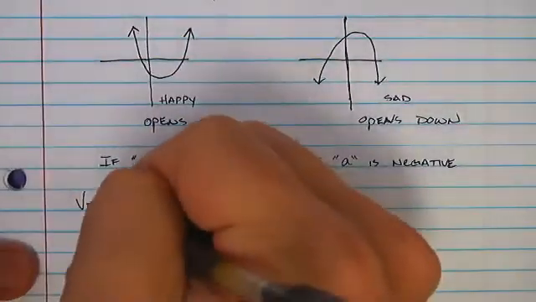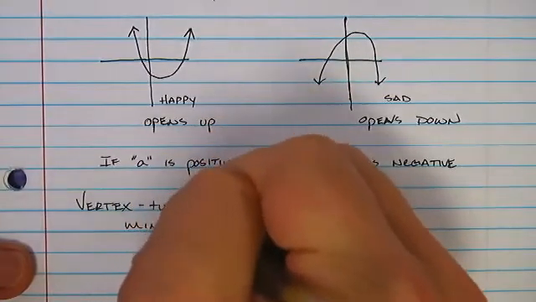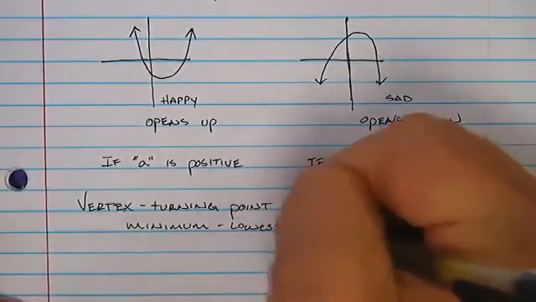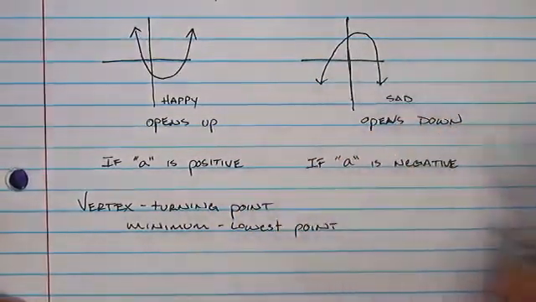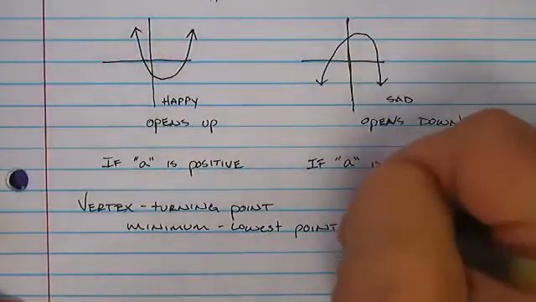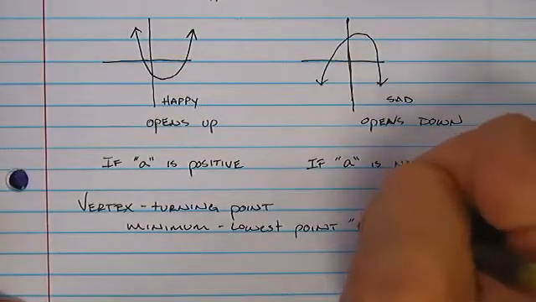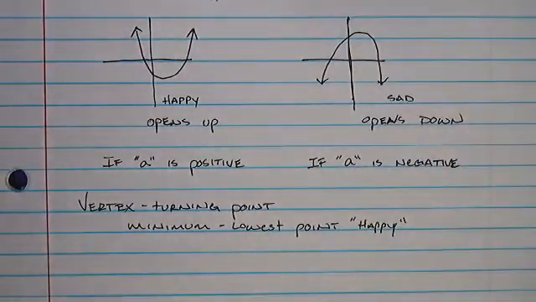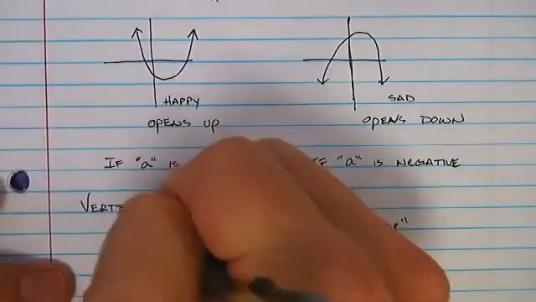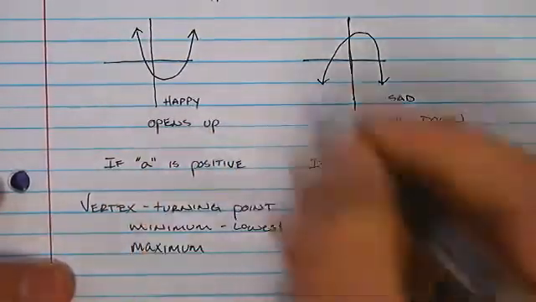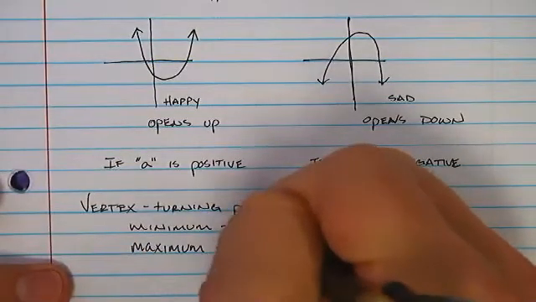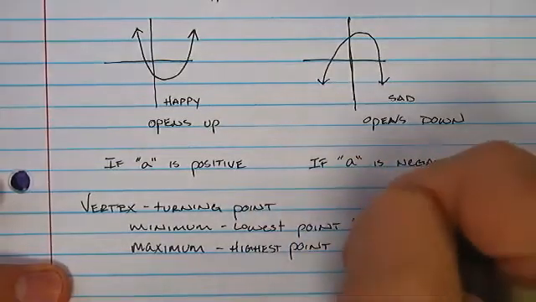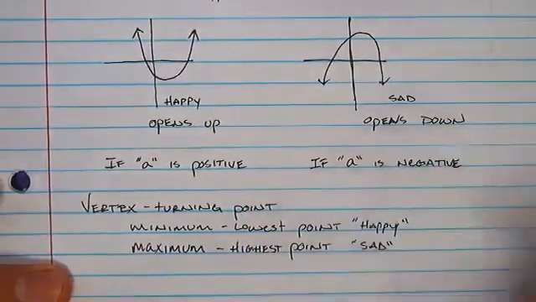Well, it can be what's called a minimum, which is the lowest point. This will occur in your happy parabolas, right? Or a maximum, which is the highest point. And that's going to occur in your sad parabolas, right?